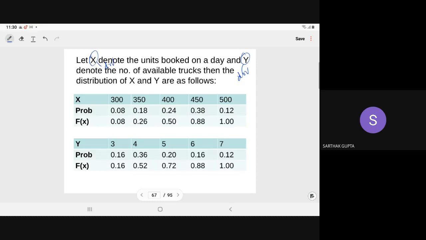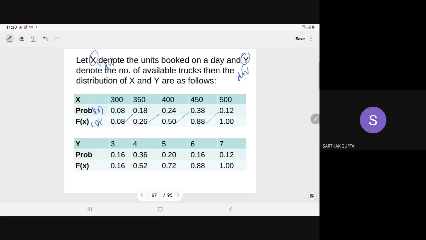Because it is for 100 days, the PDF f(x) is 0.08, 0.18, 0.24, 0.38, 0.12; you just divide by 100. The corresponding capital F(x) is the CDF: 0.08, 0.26 (just add these two), 0.50, 0.88, and 1.